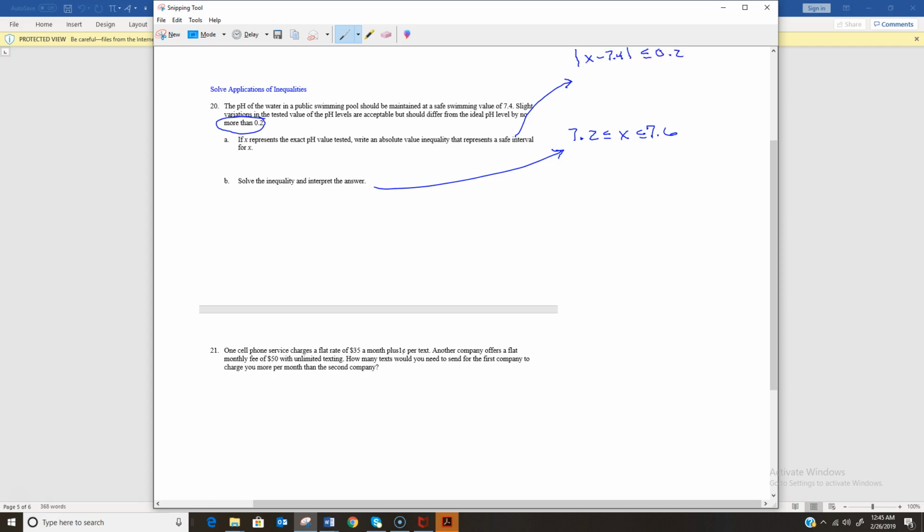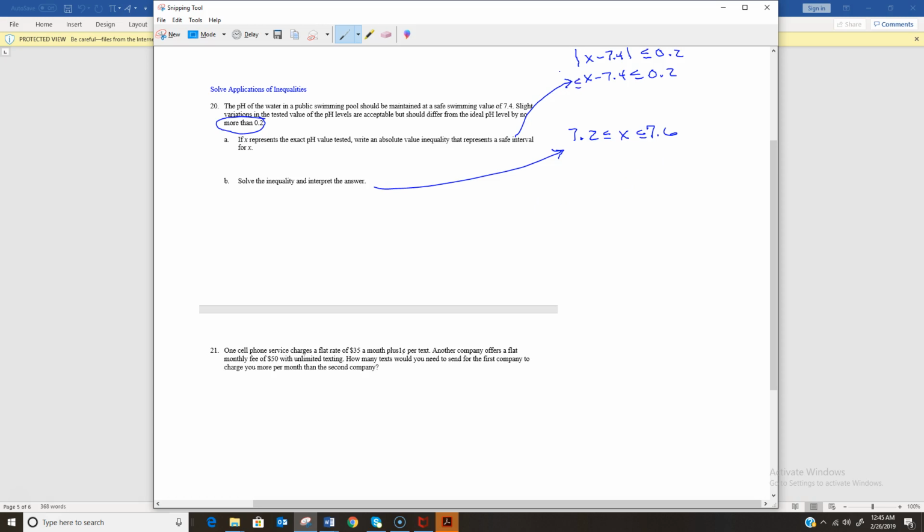The difference between what the pool is and 7.4 should be no more than 0.2 away. So if I take that out of the absolute value, I'm going to have x minus 7.4 has to be less than or equal to 0.2 and greater than or equal to negative 0.2.